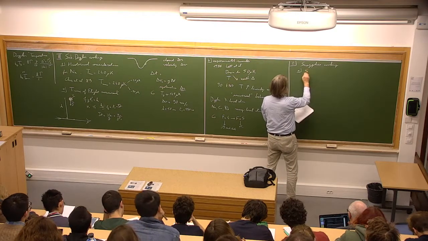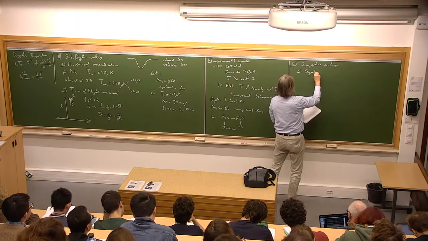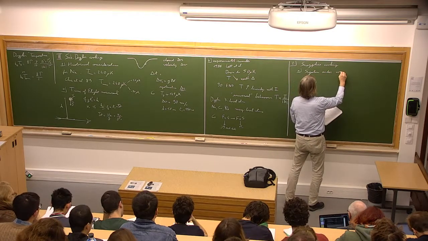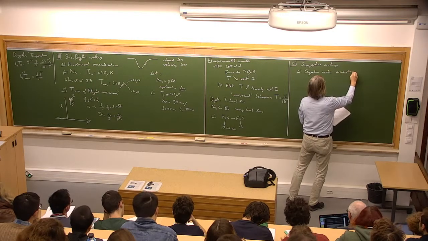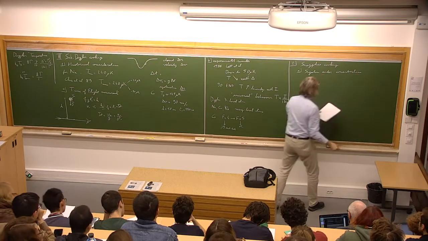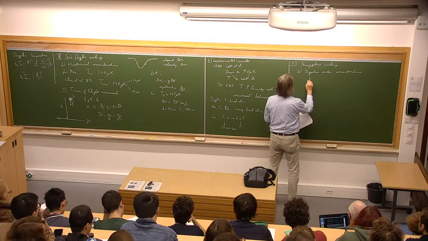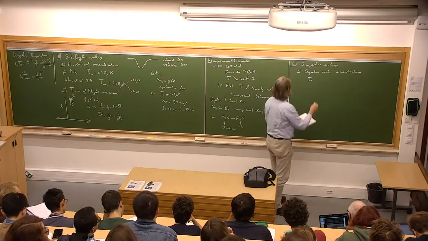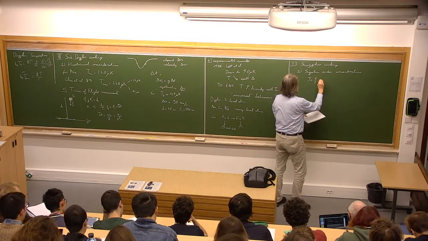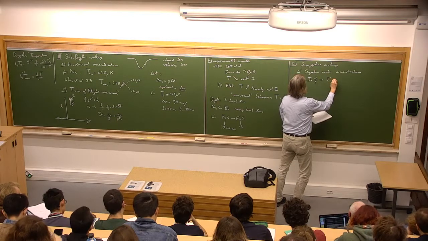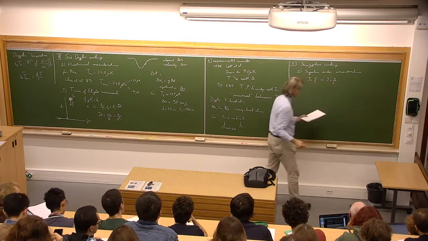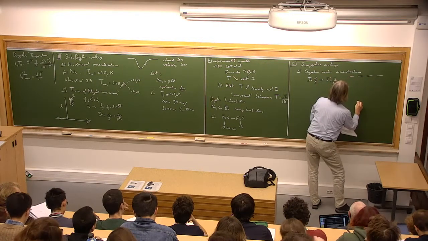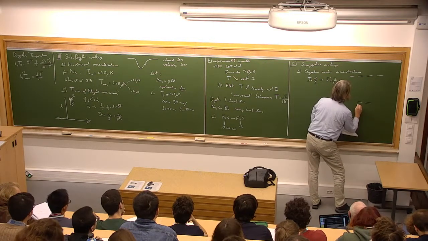And so the system under consideration is just, so we will take the simplest complicated transition, which is the 1/2 to 3/2 transition, which means that you have 4 excited levels and 2 ground levels.